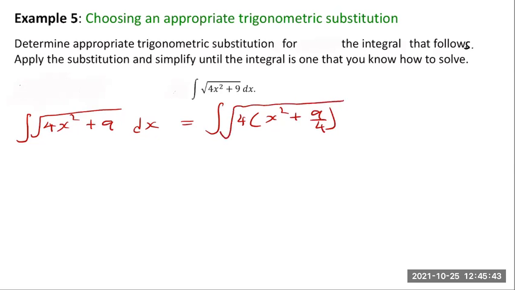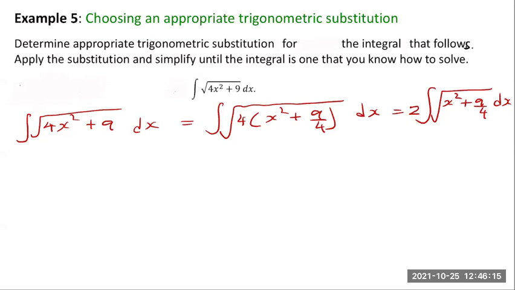Don't forget the square root. Now I'm going to pull out 4 from the square root sign, and that gives 2 outside of my integral sign. I pull that 2 out of the integral sign. Then inside the integral, your integrand is going to be the square root of x squared plus 9 over 4, of course. That's what you have.